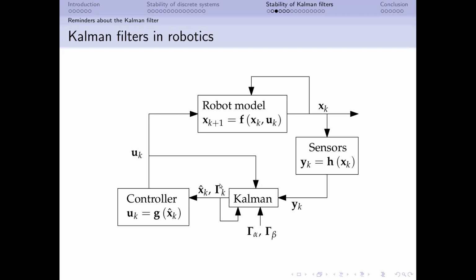We also have a few matrices that are taken into account by the Kalman filter. First one is gamma k here, which is basically representing the accuracy of the state estimation. We also have gamma alpha and gamma beta, which represent the accuracy of the robot model, first off, and the accuracy of the sensors.